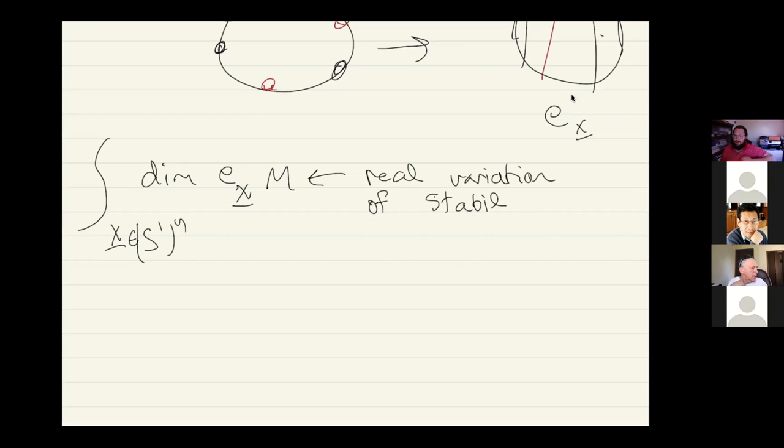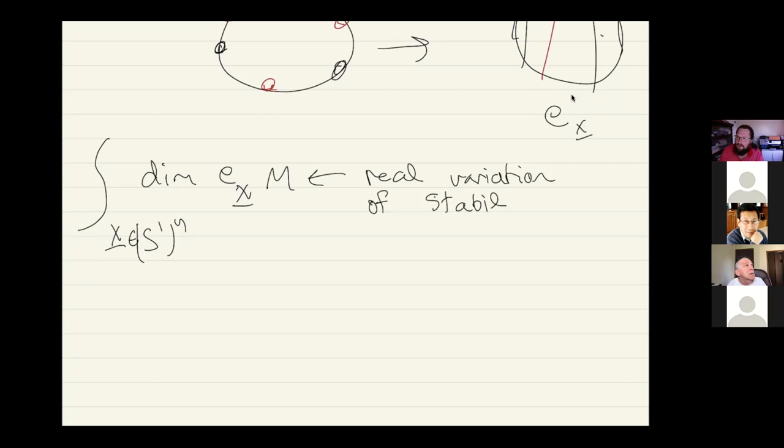So the point is, with coherent sheaves I sort of understand the geometry because it's pretty simple, but less so for representations of this algebra.